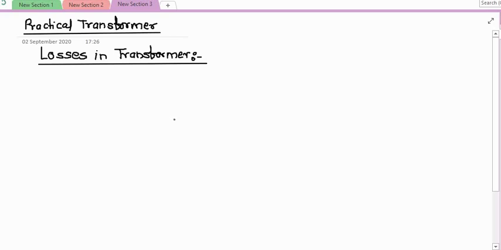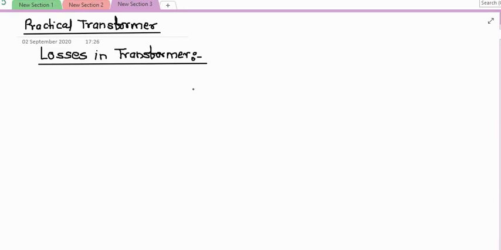Now we have to take into account the effect of these factors while analyzing the behavior and performance of the transformers which are used in actual practice. So students, I will cover the practical transformer phasor diagram on no load and load in my next lecture.